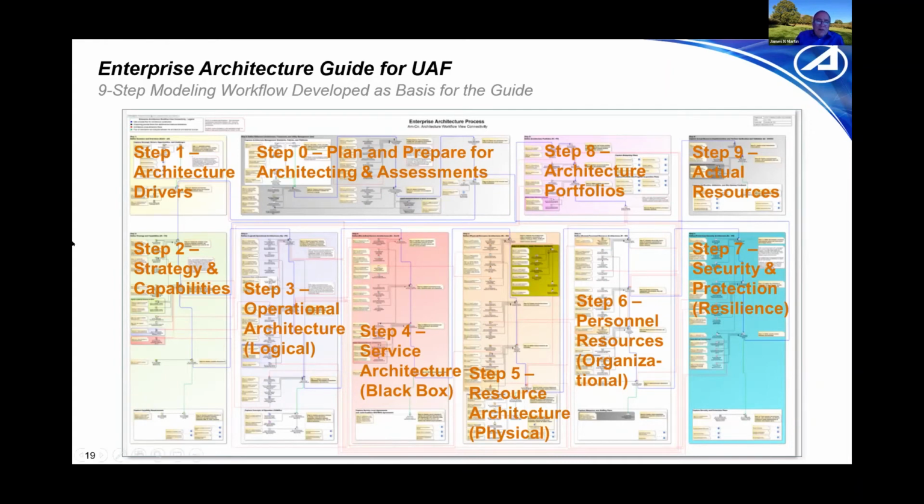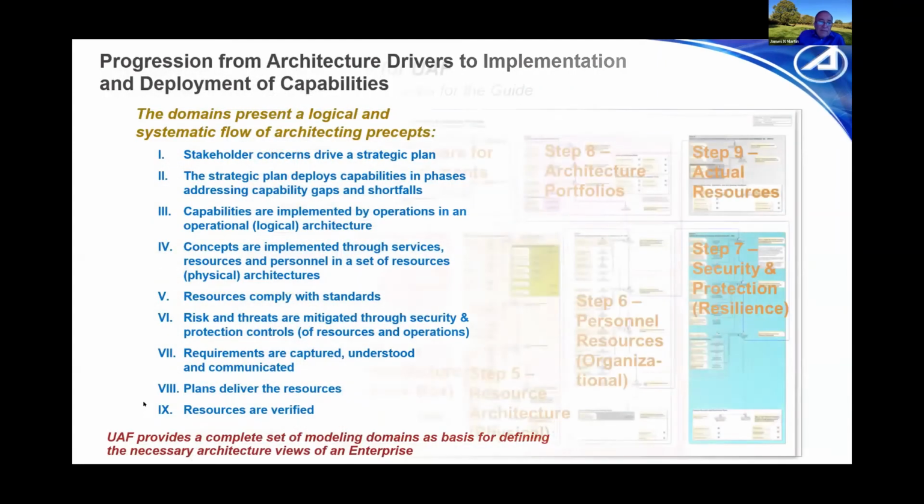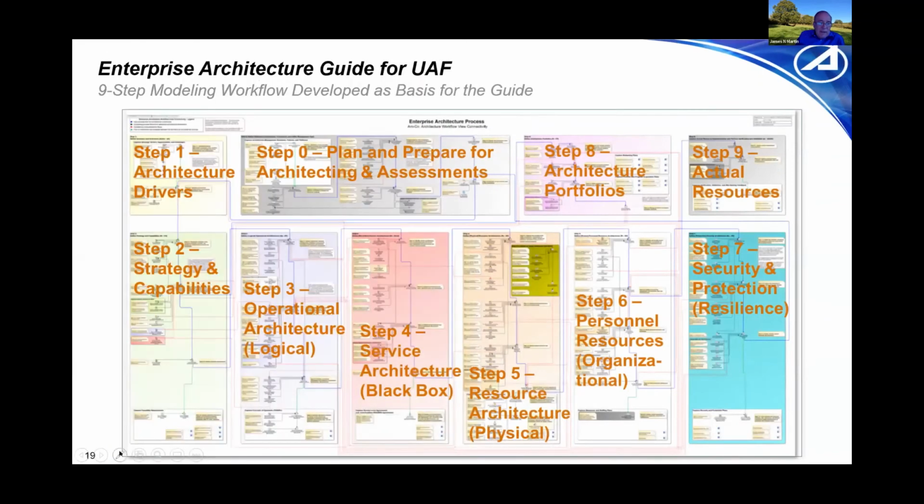So you will have some people that will focus on the strategic. You might have your program management or your business development people focusing on the strategy and capabilities and drivers. You might have your operational architects or your mission engineers.